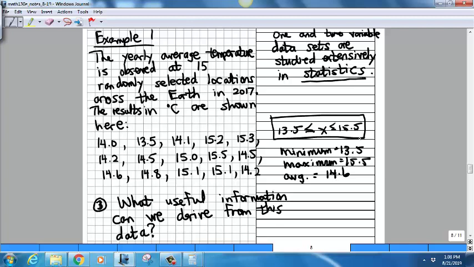So Montel, I did calculate that beforehand, because I thought someone was going to say average, and I didn't want to have to go through all the steps here of computing the average. So I think the average is 14.6. Can you think of something else we could say about some way of summarizing that data?